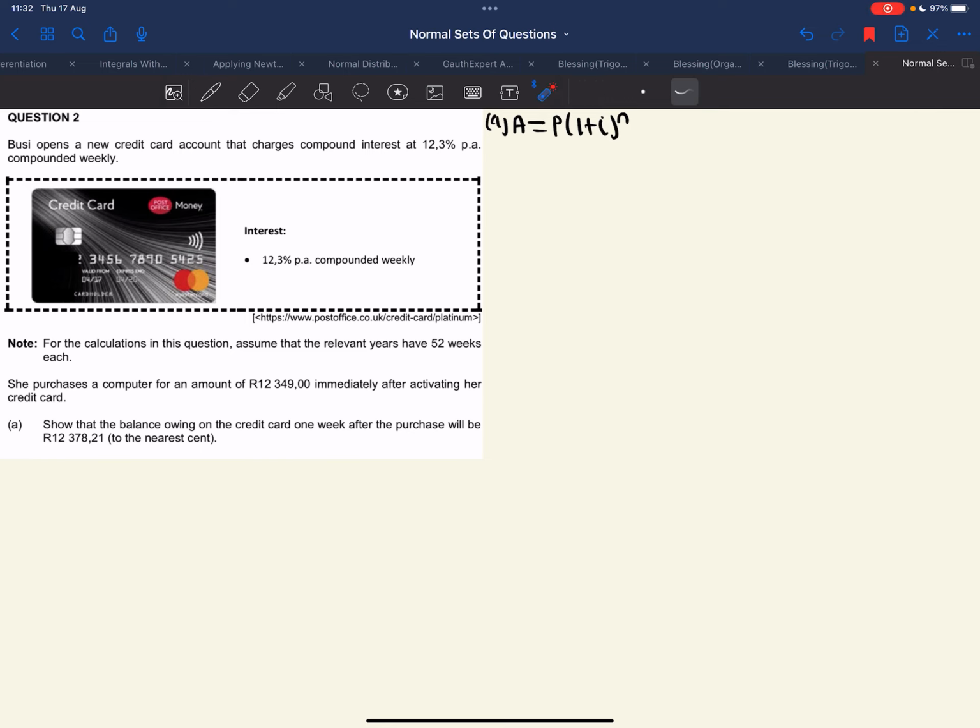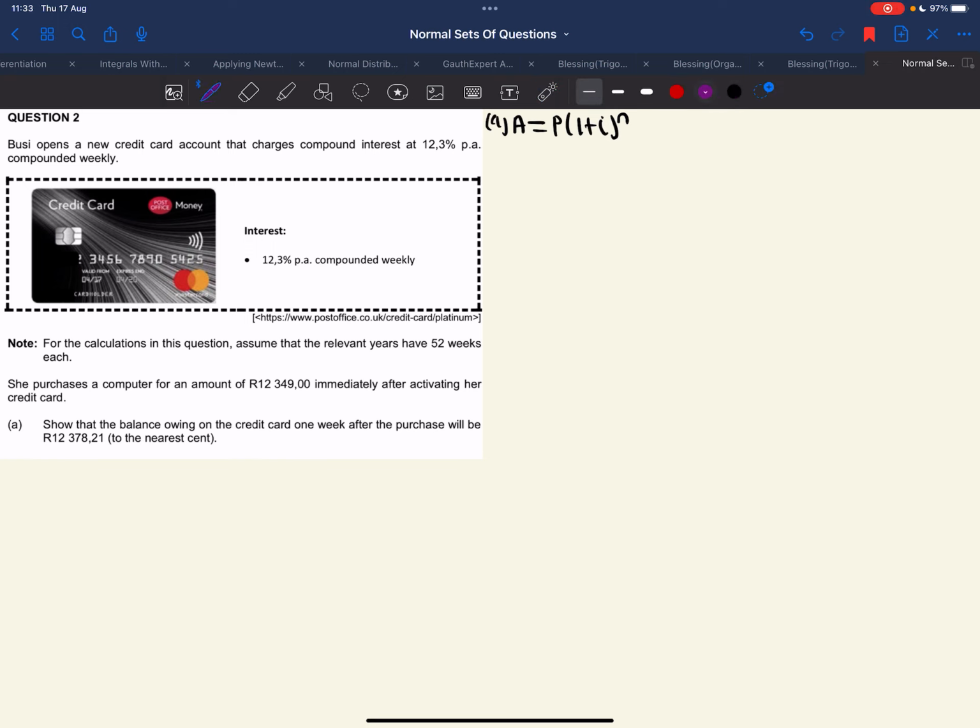In this formula, A stands for the accumulated amount, P stands for the principal amount or the initial investment, i stands for the interest, and n stands for the number of weeks, months, years, or days that it is going to take for the amount to be accumulated, right?